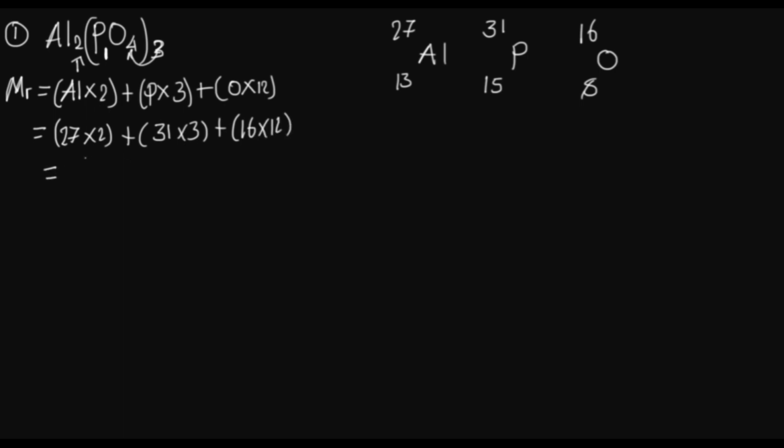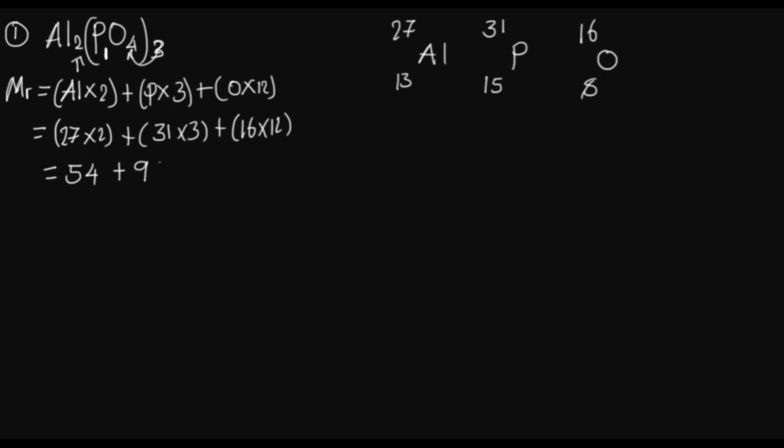So here we can see now 27 times 2, which is 54. So we get our 54 plus 31 times 3, we have 93.